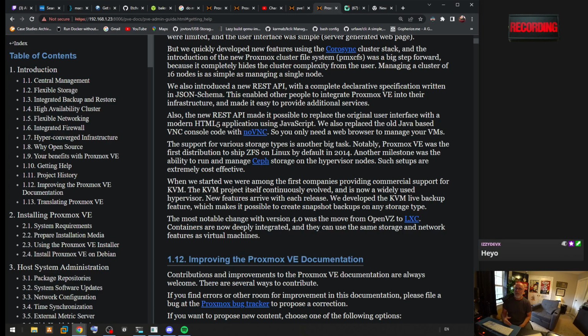Hey, Izzy. So they're going to be able to make a decision and say, look, I don't have the money for a VMware license or training or any of these other things. And they have a cost-effective, completely open source, dedicated to KVM solution that they can also pay for support.